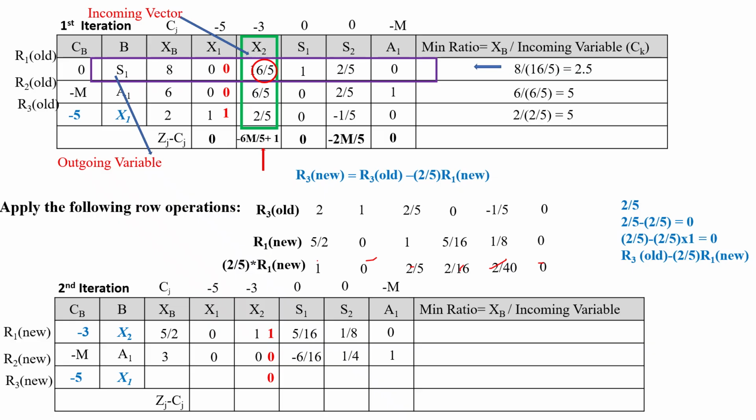Then R3 old minus 2 by 5 into R1 new: 2 minus 1 is 1, 1 minus 0 is 1, 2 by 5 minus 2 by 5 is 0, 0 minus 2 by 16 is minus 2 by 16, minus 1 by 5 minus 2 by 40 is minus 1 by 4, and 0 minus 0 is 0.